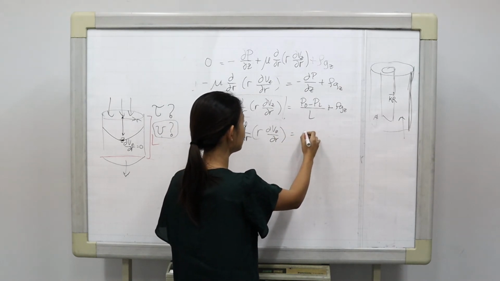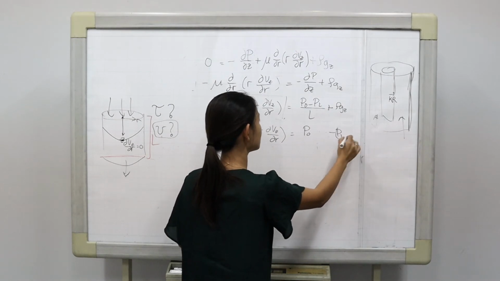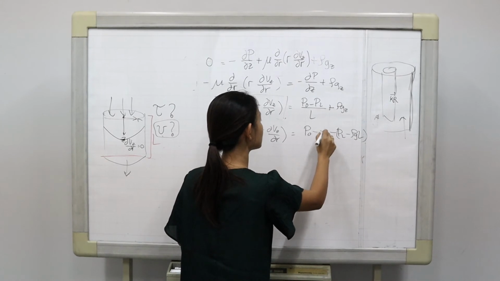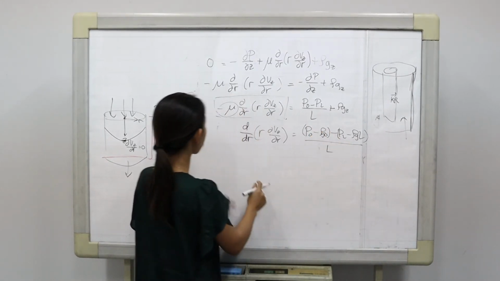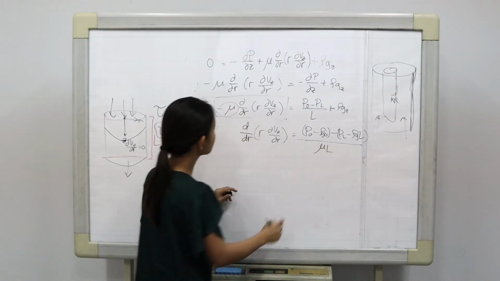What we're going to have is P0 minus PL minus rho GL minus rho G0, divided by L. Minus mu comes here.